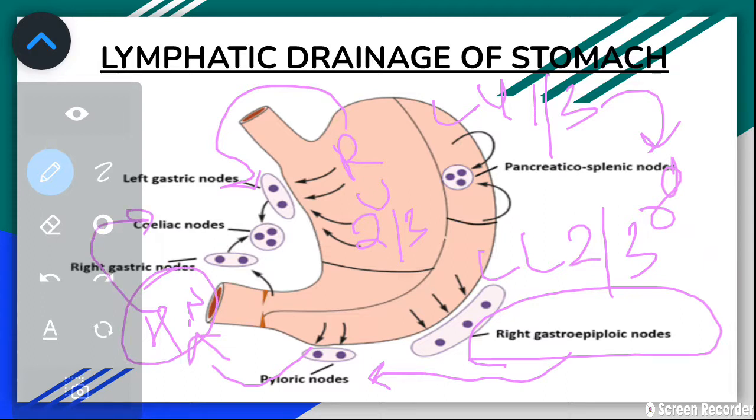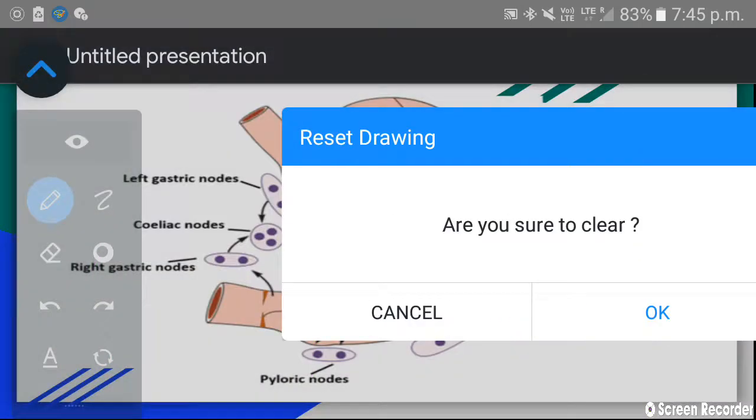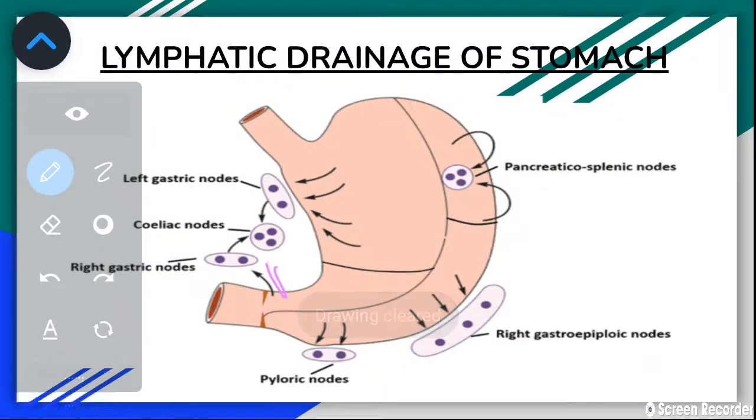Then we have the fourth part, the right lower 1/3 part. It can drain its lymph into the pyloric node, the hepatic node, or the left gastric node, but finally all the lymph nodes drain their lymph into the celiac node.